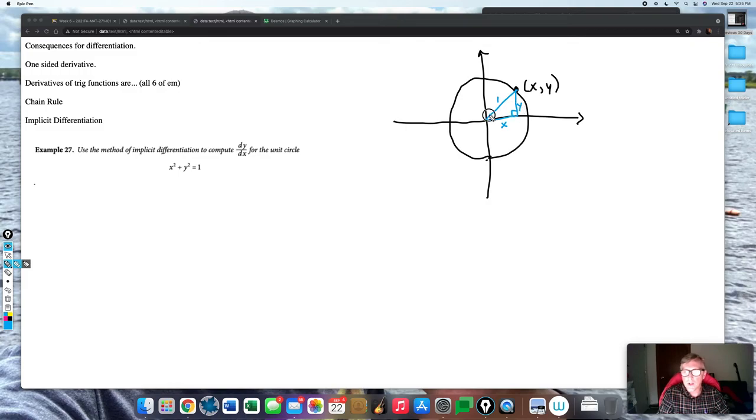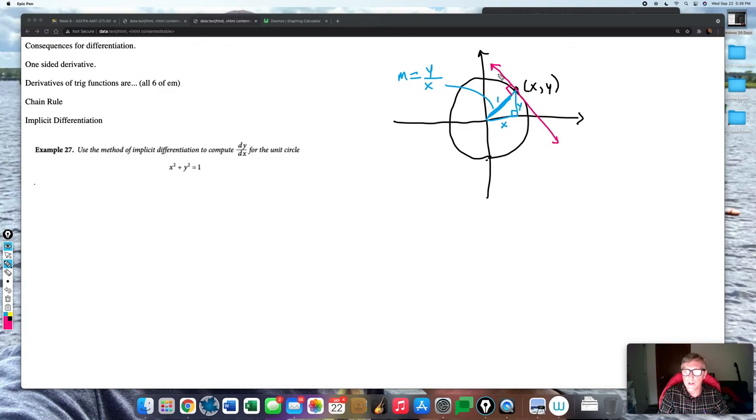If I wanted to find the slope of this line, what is the slope of the radius? The rise is y, right? I have to go up y units and I have to go to the right x units. So that is my rise and run, right? And you might remember from your high school days or from geometry class that the tangent line is always perpendicular to the radius at the point of tangency.